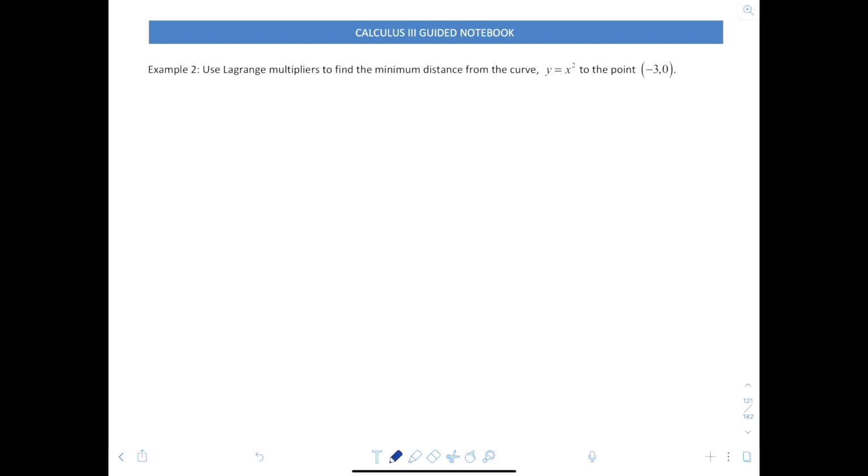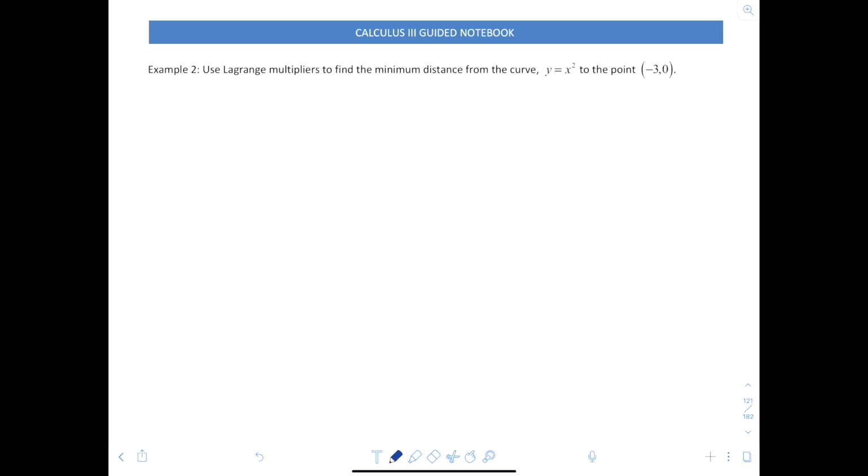And how do I know this? I know this because we are minimizing the distance from that curve to the point. And so our f of x and y, what we'll do is work with the square of the distance.